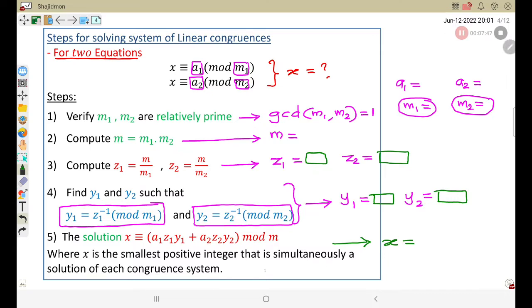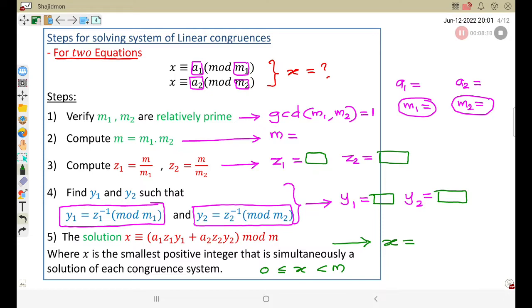That means that solution is 0 less than or equal to x less than m. This solution only we are calculating. Actually the congruence system has many solutions, but we are calculating only the unique solution between the numbers 0 and m. That smallest positive integer solution we are calculating by using the Chinese remainder theorem.